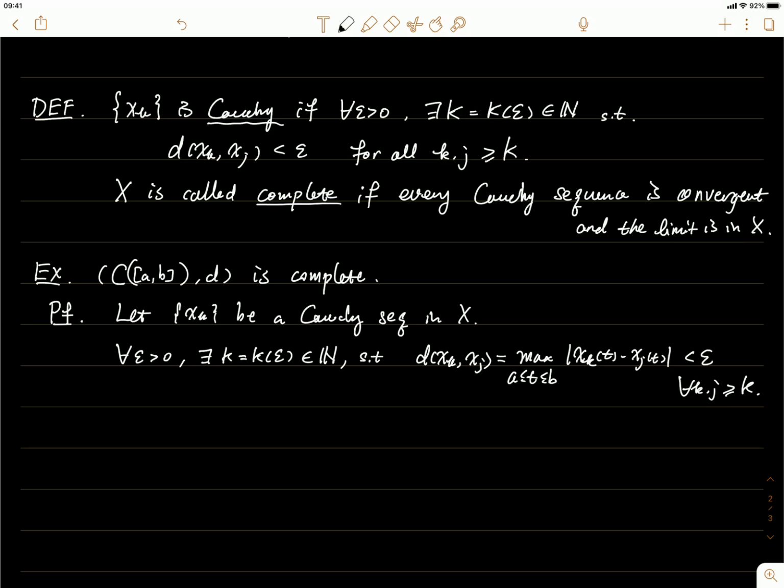And let's see why this implies that the sequence is convergent and the limit is also in this space. Let's look at any specific t.